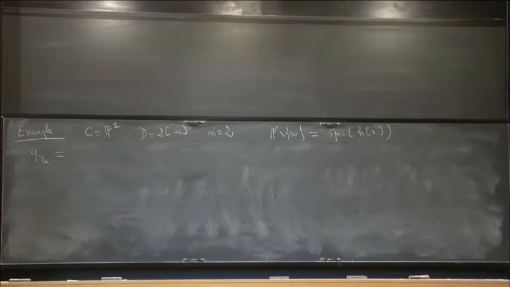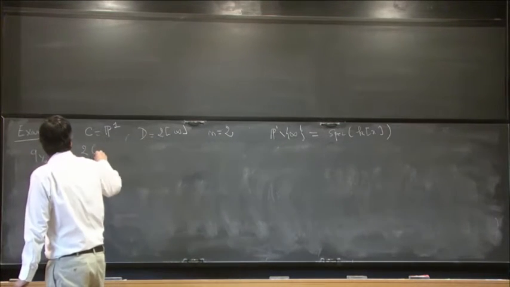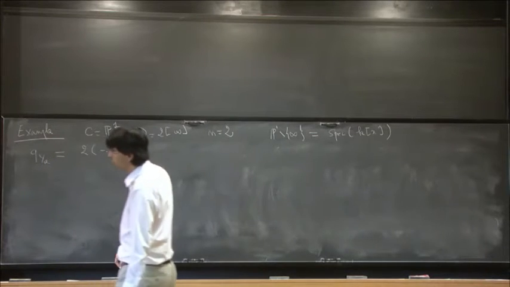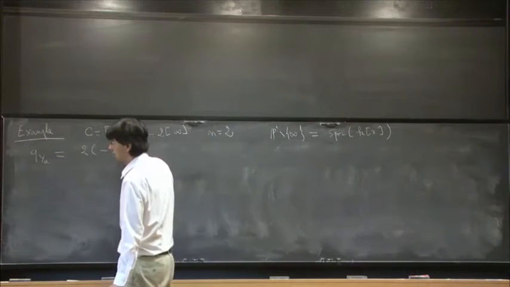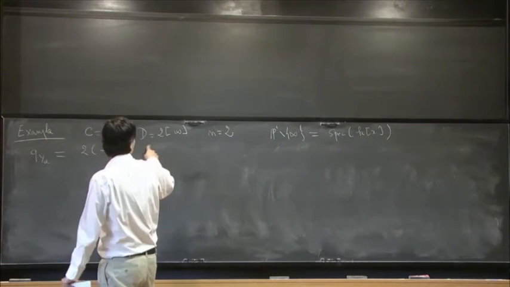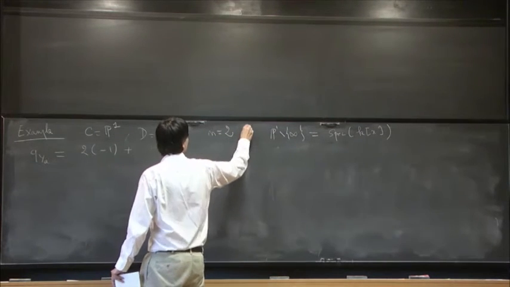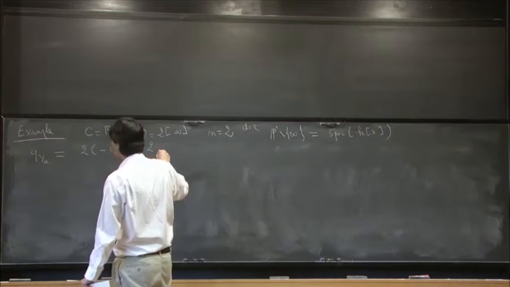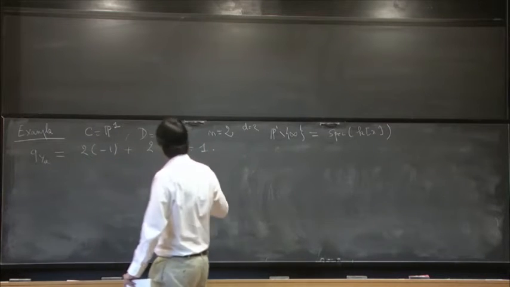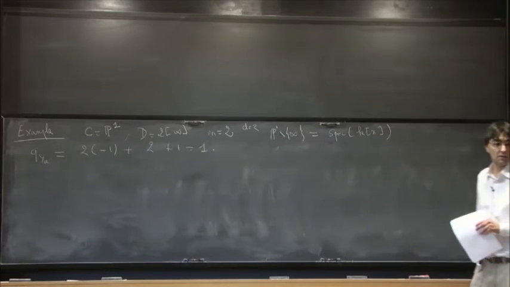This is given by this formula: 2 times (0 minus 1) plus 2 over 2 times the degree, so deg D is 2, plus 1. So we get curves of arithmetic genus 1.